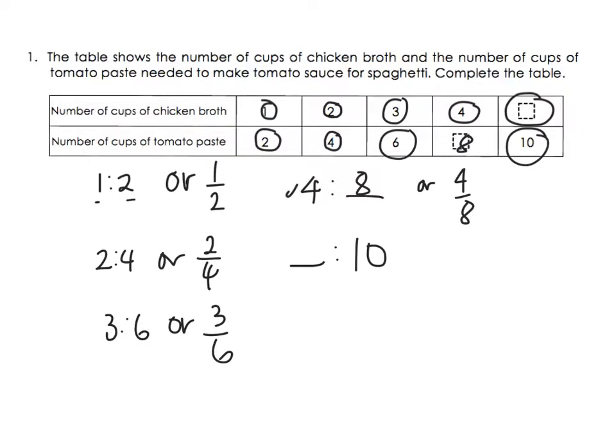So here, if it's 2 cups and it became 10 cups, that's like saying 2 times 5 is 10. So we should apply the same thing here. So 1 cup times 5, which is the same factor here, is actually 5. And that makes this portion here.